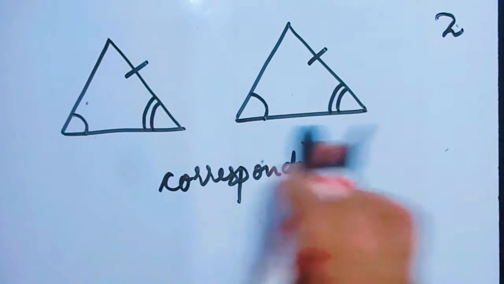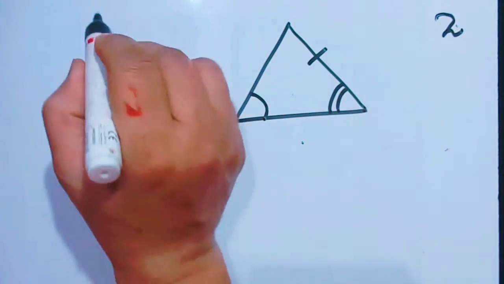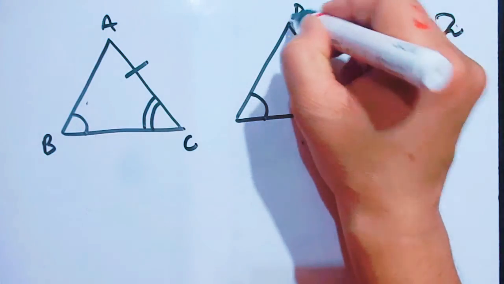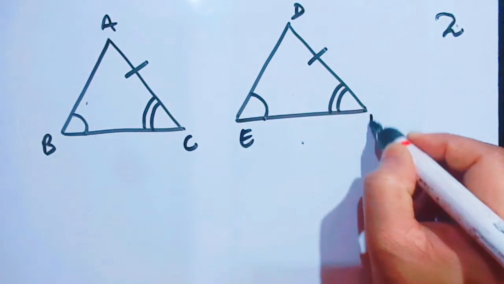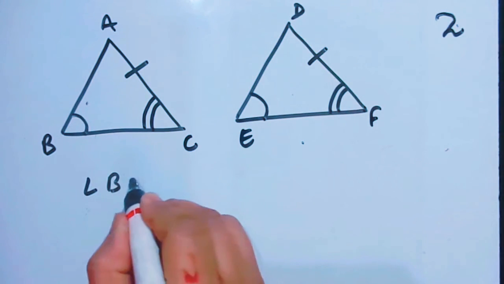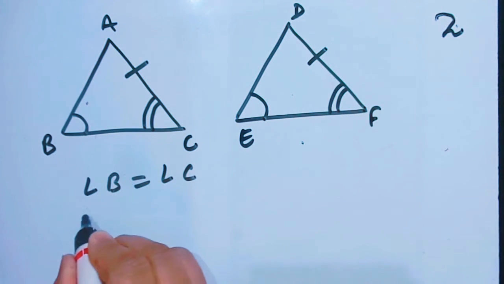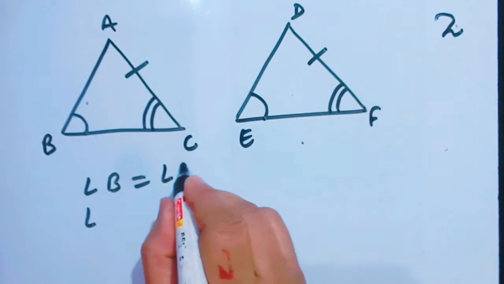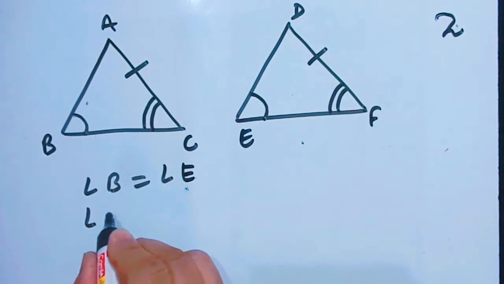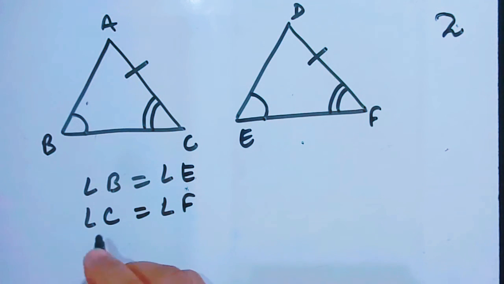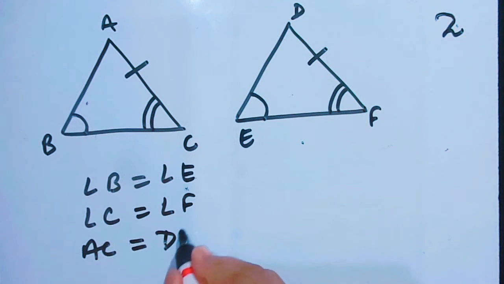Means here if we have ABC and DEF as two triangles in which angle B is equal to angle E, and angle C is equal to angle F, and AC should be equal to DF.